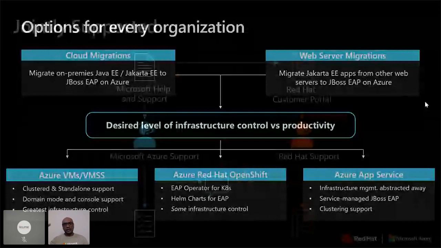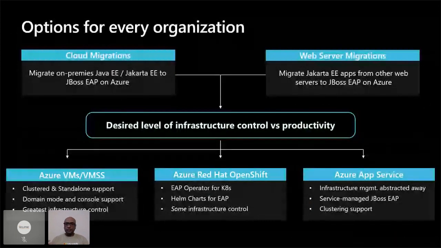And once you've done that, now you have an environment that can support containerized applications in a pretty managed fashion, if you will. We call it DIY PaaS, do-it-yourself PaaS. It's PaaS, but not quite. You're still doing a lot of things by yourself. And the difference between that and Azure Red Hat OpenShift is that it's actually managed for you.